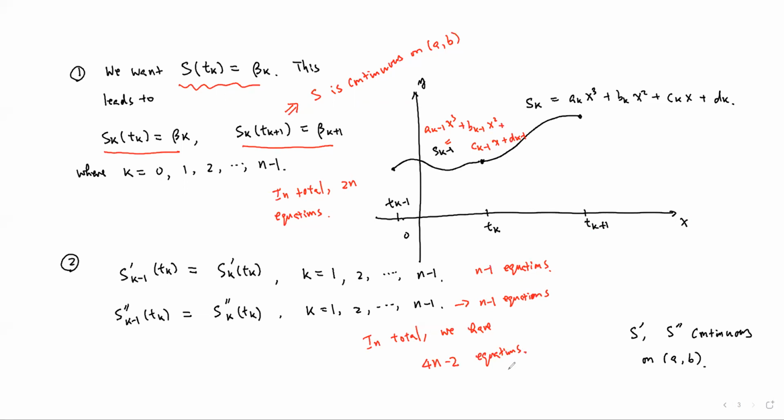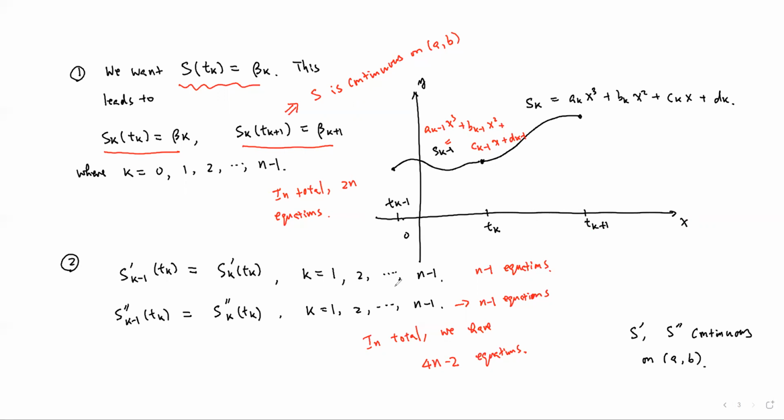We have 4n coefficients and only 4n minus 2 equations, so that's not enough to completely determine the 4n coefficients.